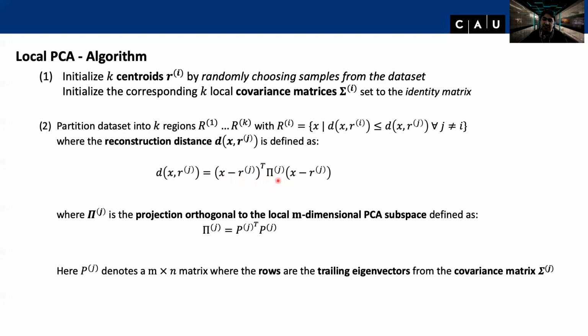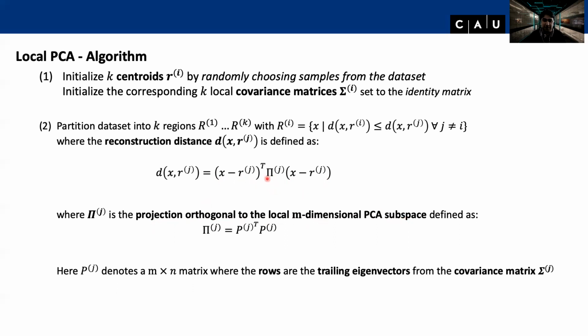The matrix here that we see, this matrix Pi_j, this is the so-called projection, which is orthogonal to the local m-dimensional PCA subspace. Now, what the heck is the meaning of this?